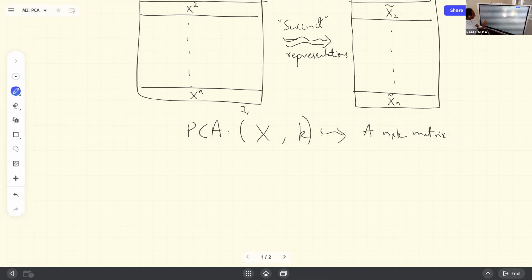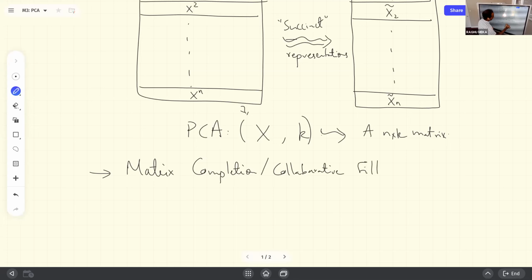And the other application we'll see: PCA is also useful for something called matrix completion, or collaborative filtering. At first look, this idea of feature extraction doesn't seem to have anything to do with the next application I'm talking about.